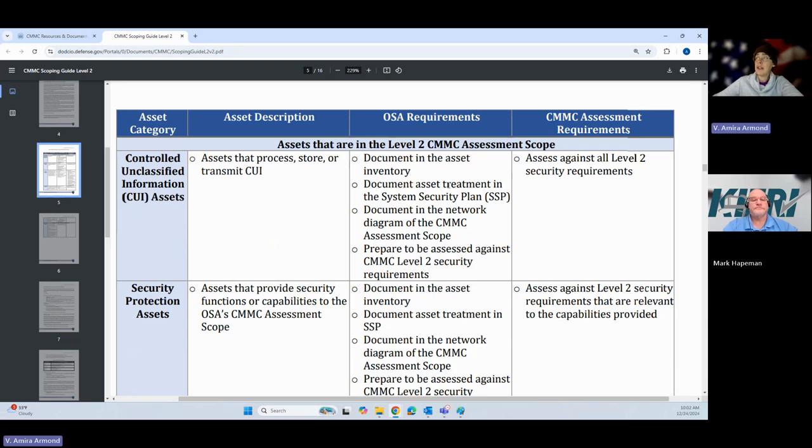Next, you need to document the asset treatment in your system security plan. So what is asset treatment? What that means is, how are you doing all of the applicable requirements to secure this asset? All right, so let's talk about applicable requirements. Remember how we've got computers and network devices and people and facilities? Different requirements in CMMC level 2 are applicable to each one of those things.